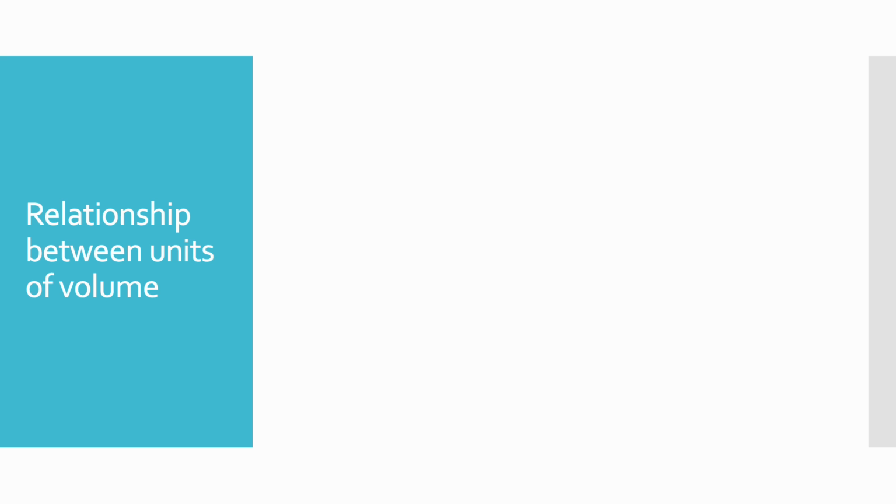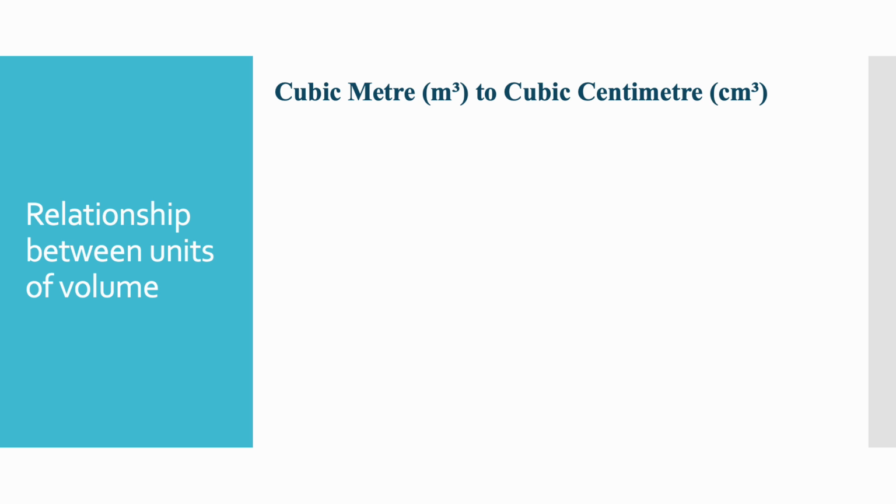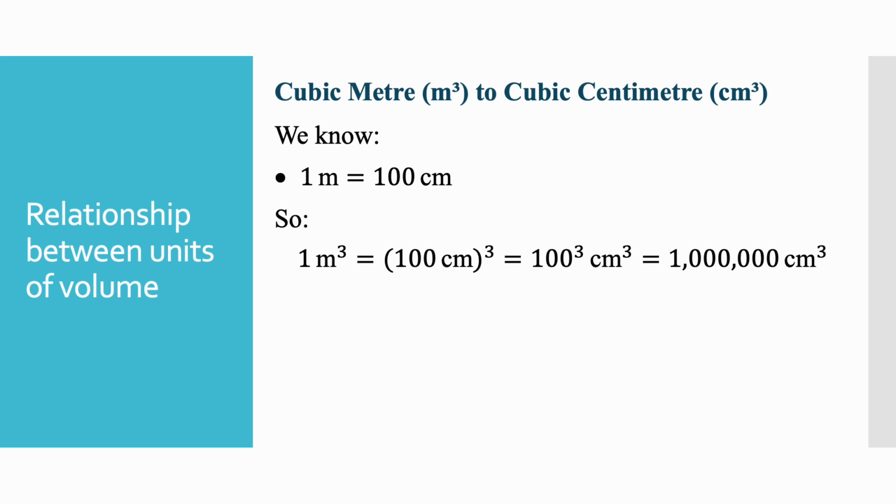Let's now understand how different volume units relate to each other. We will start with converting cubic meters to cubic centimeters. We know that 1 meter is equal to 100 centimeters. So, 1 cubic meter is equal to 100 centimeter multiplied by 100 centimeter multiplied by 100 centimeter. So that is 100 centimeter cube.